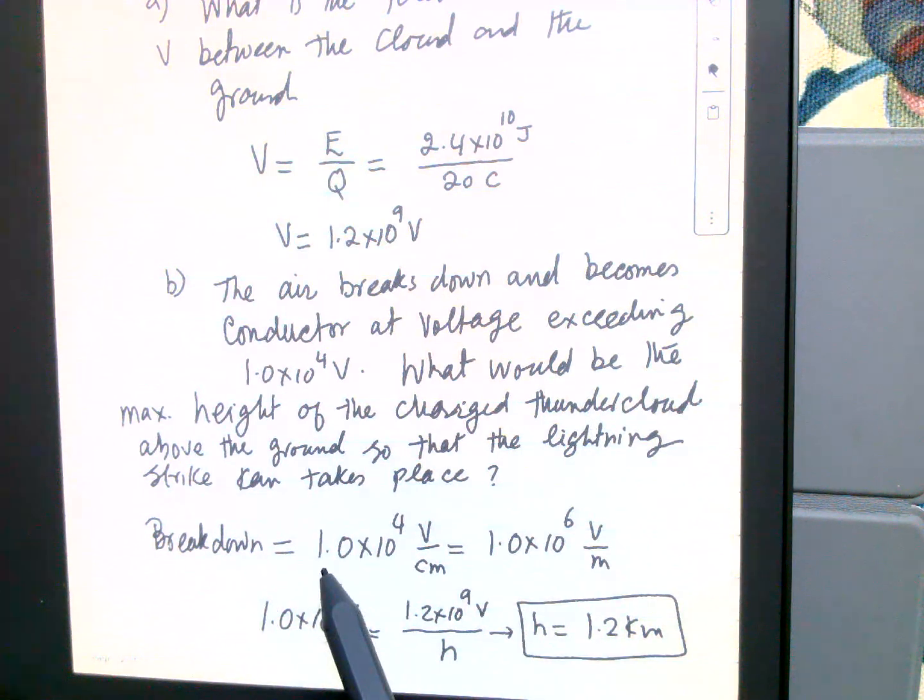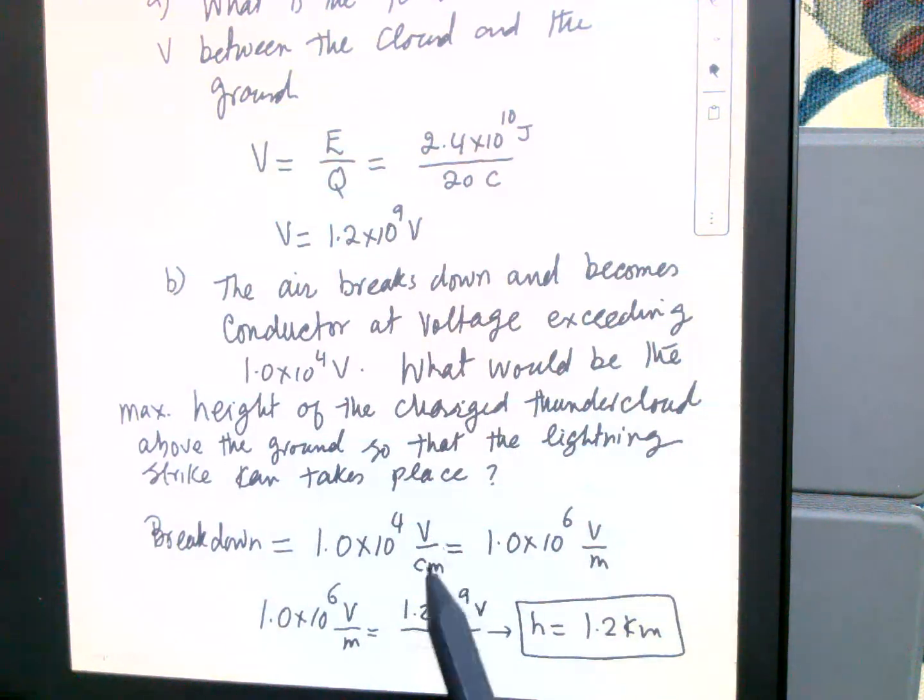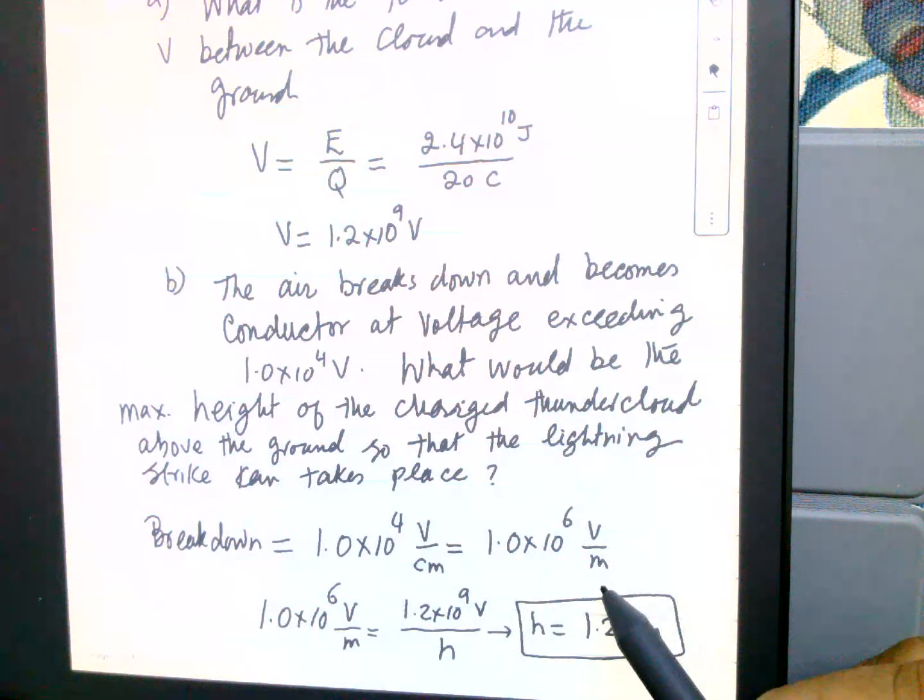voltage is 1.0 × 10^4 volt per centimeter, which is equal to 1.0 × 10^6 volt per meter.